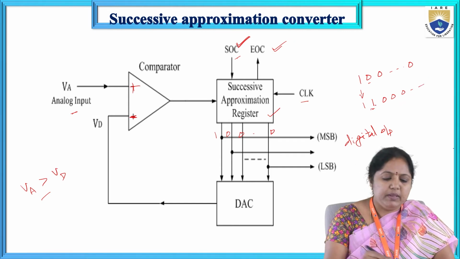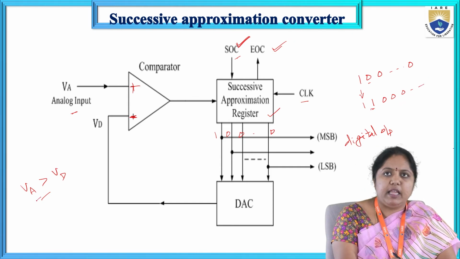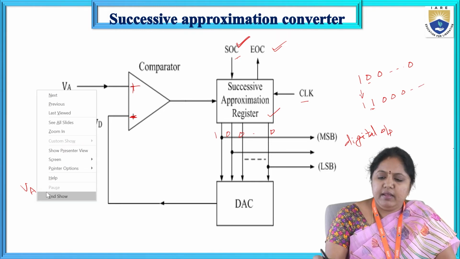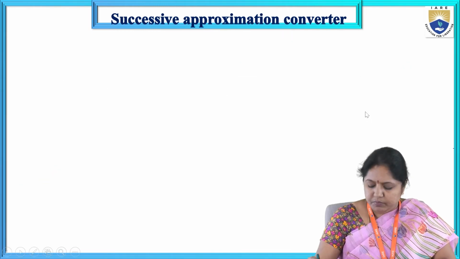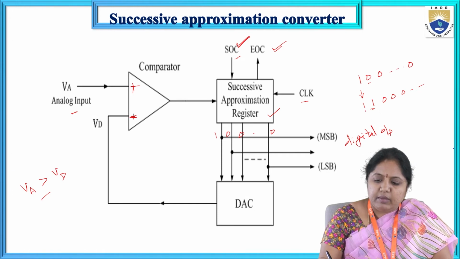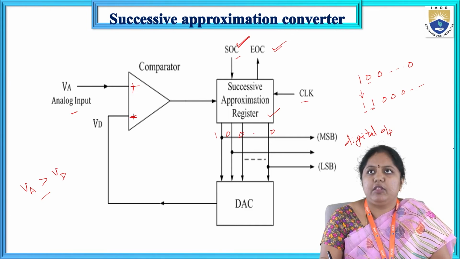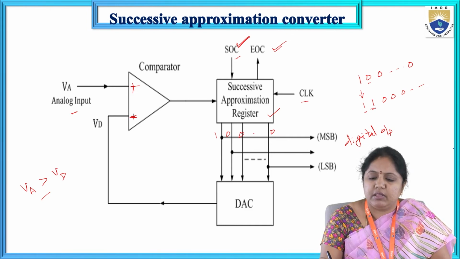When VA is greater than VD, the MSB bit value is kept as 1, and the next highest bit is activated to 1.